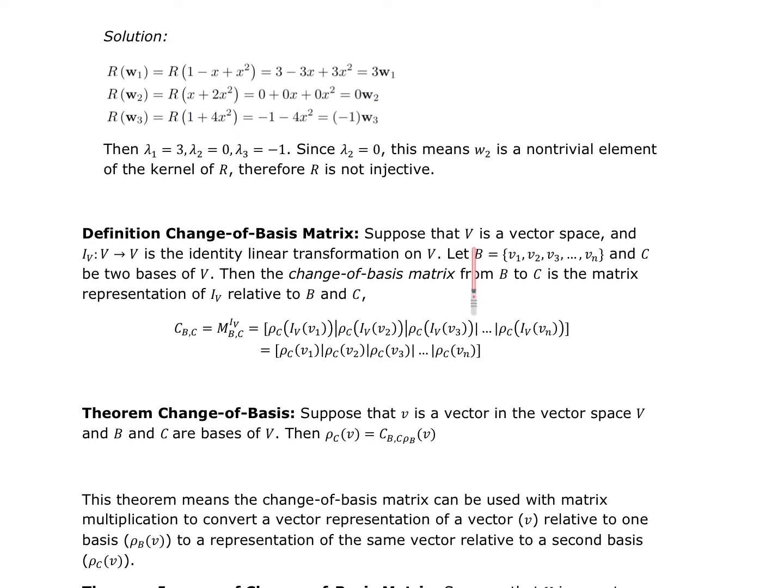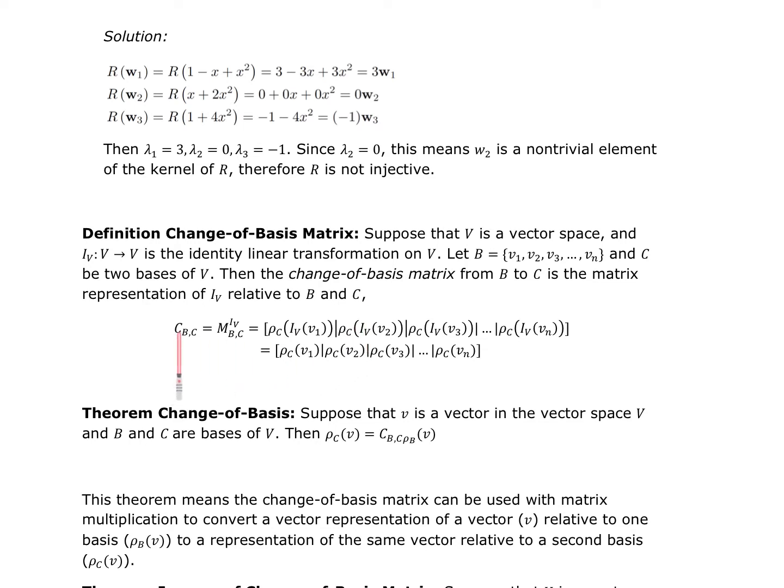Suppose V is a vector space, and we have the identity linear transformation, noted as I sub V. It's an identity linear transformation from V back into V. Let B with the vectors V1 to Vn and C also with vectors be two separate bases of V. Then the change of basis matrix from B to C is the matrix representation of this identity linear transformation relative to B and C. This is how we note it.